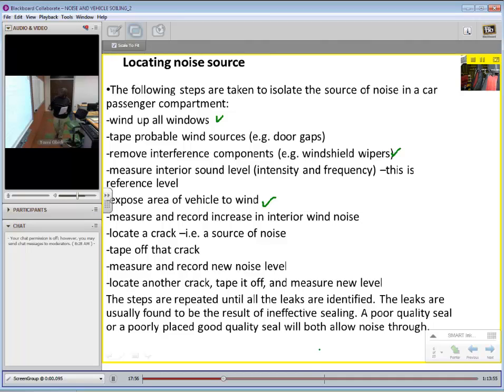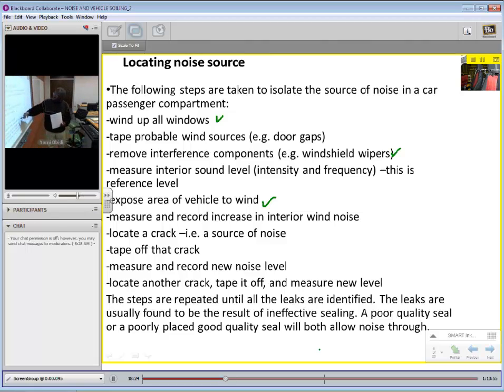So when they're closed, the sealing is improved. How do we know when we stop doing this? Ideally, when we get a recording that's equal to the value we had before we exposed the vehicle to wind.